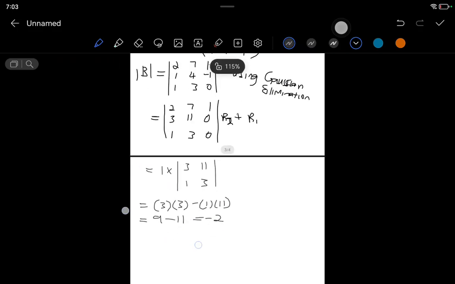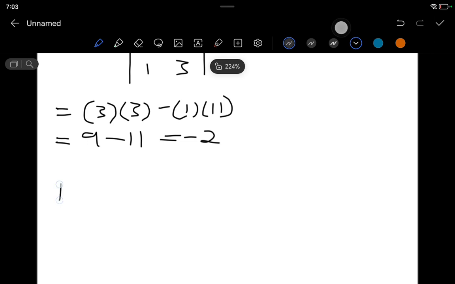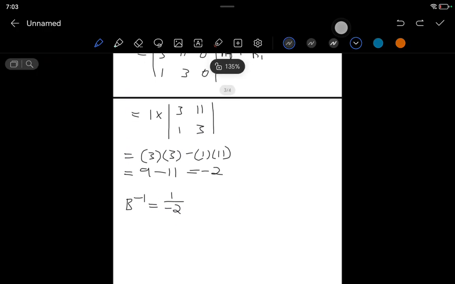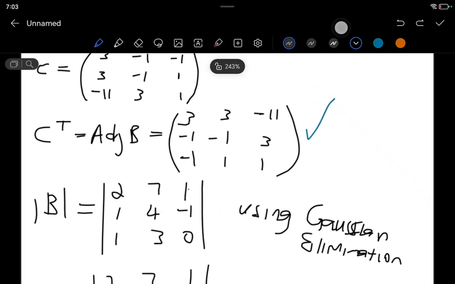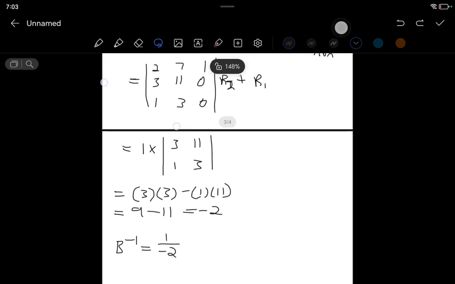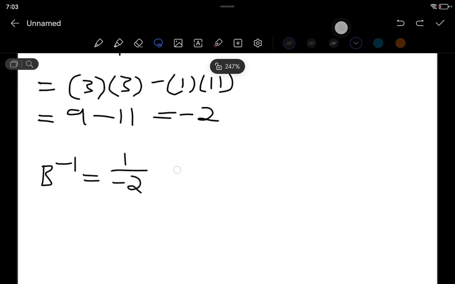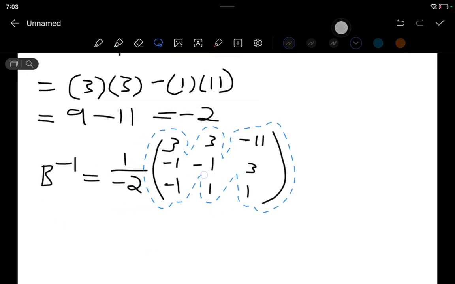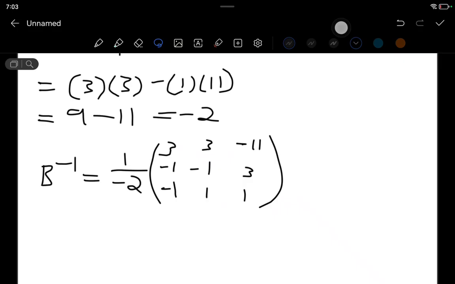So it means that now I can come and find the inverse. So I'm just going to come and paste it here. That is like the determinant times the adjoint, right?